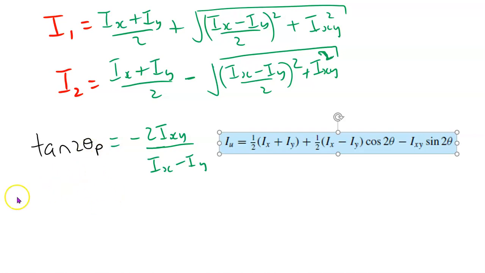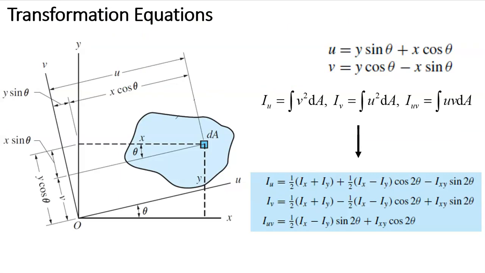Now the final thing I want to look at is what happens to Iuv when we are at this principal angle to get I1 and I2. So if we've rotated it to the principal angle, such that we have I1, such that we have I2, what happens to Iuv? That becomes relatively simple, because all we need to do is look at this expression here for Iuv and substitute what sine 2 theta and cos 2 theta are, which we already derived.